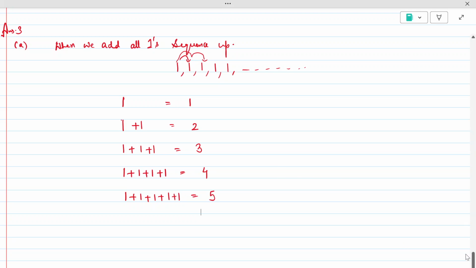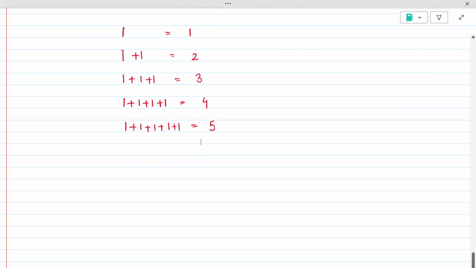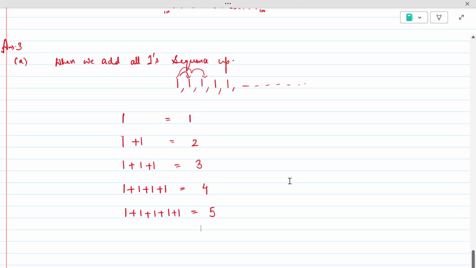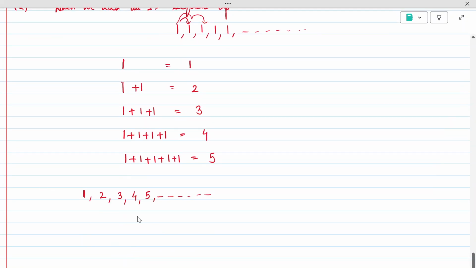So if you observe this carefully, when we are adding the all ones sequence up, we are getting these numbers. And I'm writing these numbers here in the form of a sequence: 1, 2, 3, 4, 5 and so on. Right? And what do we call these numbers? This is nothing but the counting number sequence.